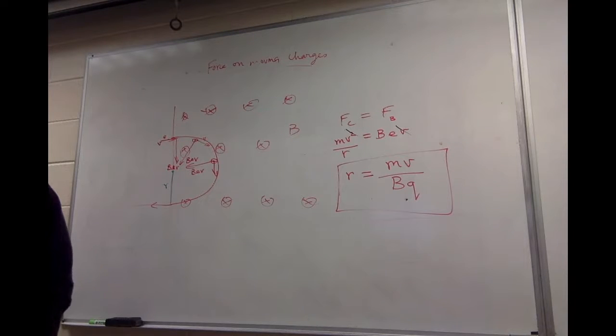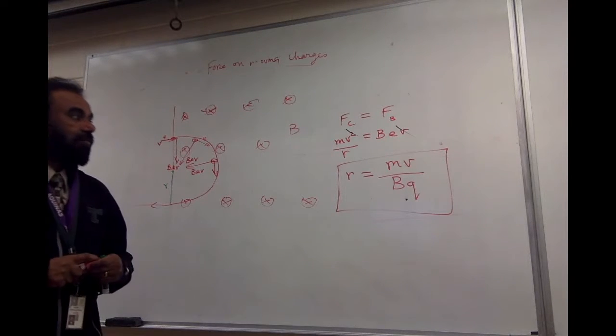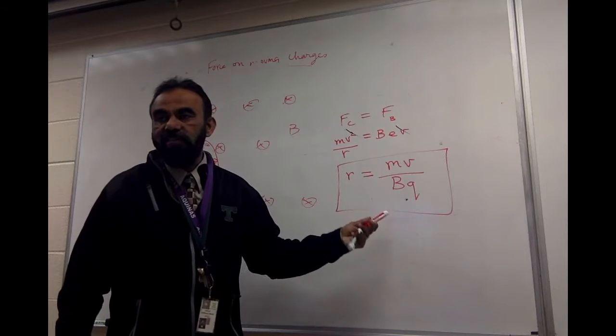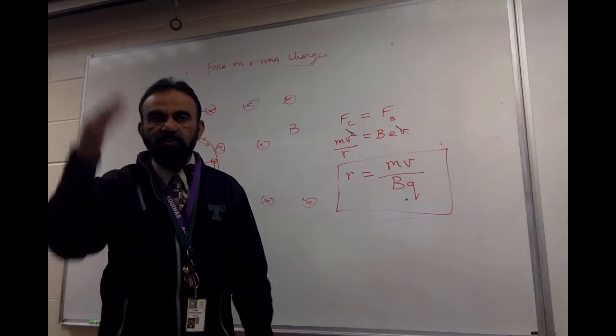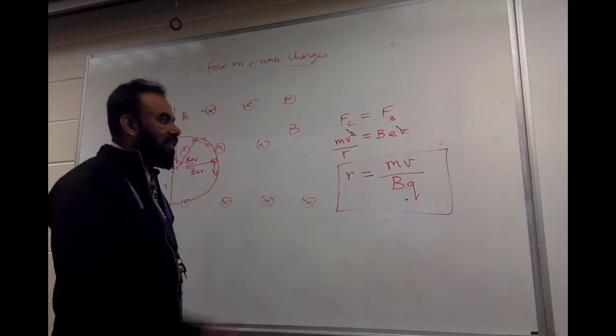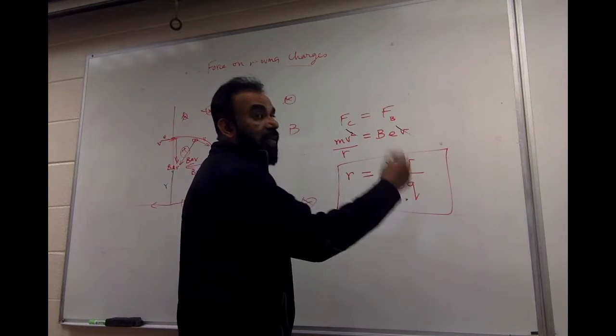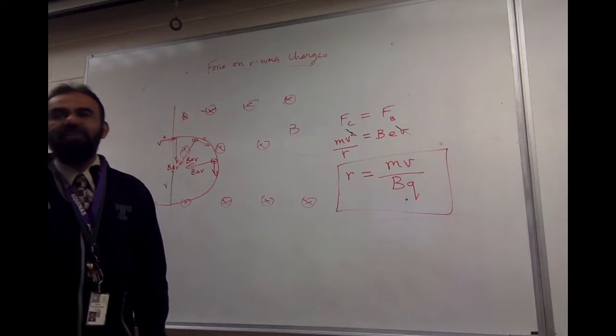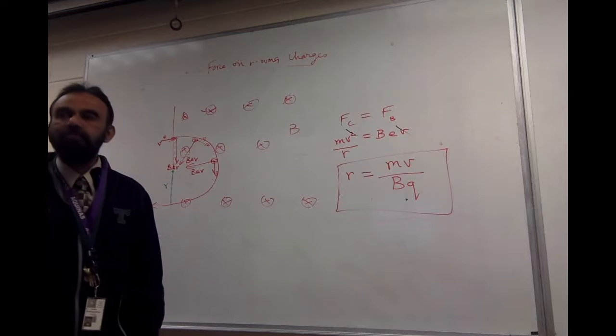The radius of the turn that this electron is going to take, oh, it's supposed to be BE, but I'm just generalizing it now for any charge. Okay? Yes, it's supposed to be mv over BE if you know it is an electron. But if you don't know it's an electron, it is a charge, then take it as BQ.